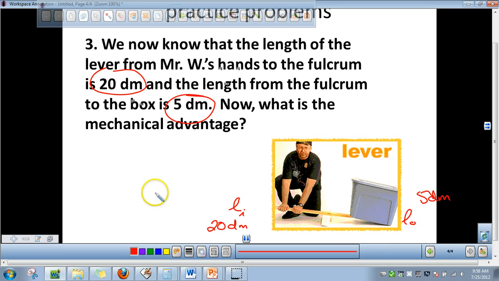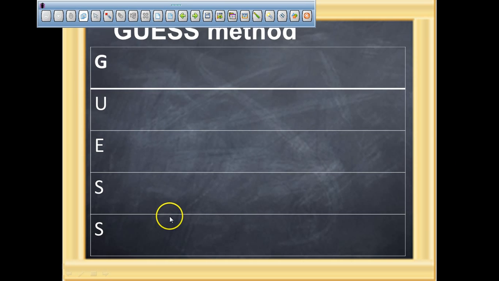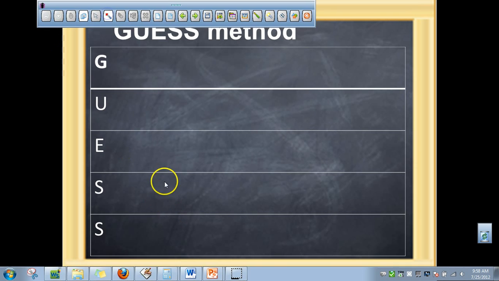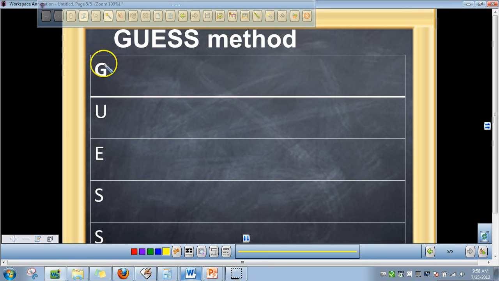Now we can move on to the actual guess problem. So once again, we know we're looking for mechanical advantage. We know that the mechanical advantage, if you are given lengths, is input length divided by output length.